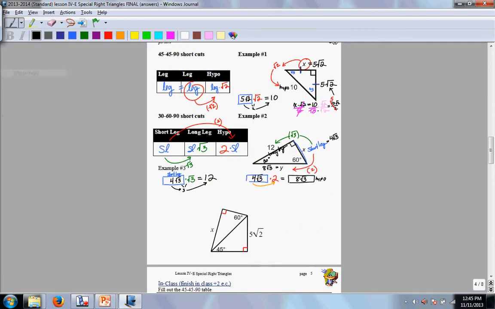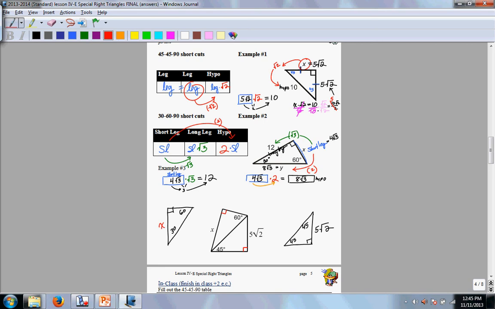Let's do one more. So here we're going to work with one side at a time to try to find our unknown x. I'm going to pull these triangles apart. This is a 45, 45, 90. We have 5 square root of 2. And then here, there's your right angle, there's your 30, 60, 90, and then our ultimate x is here.